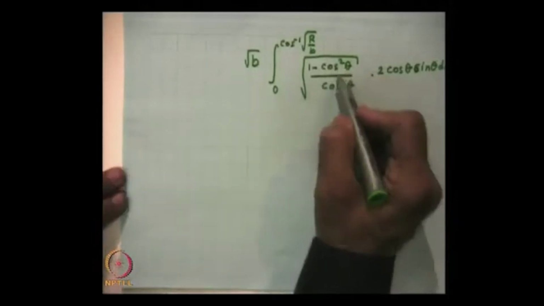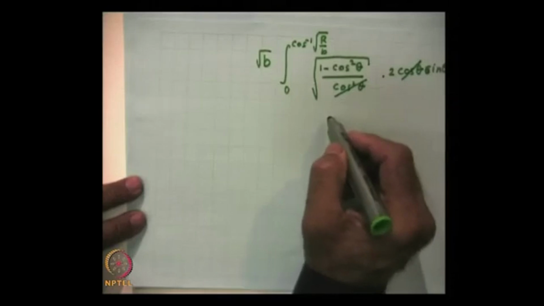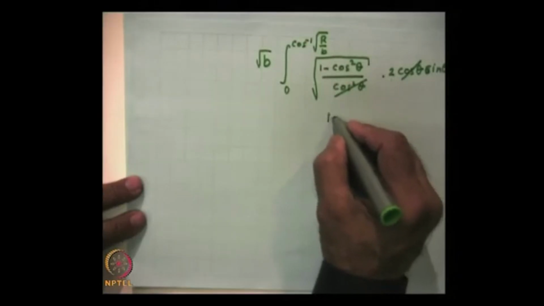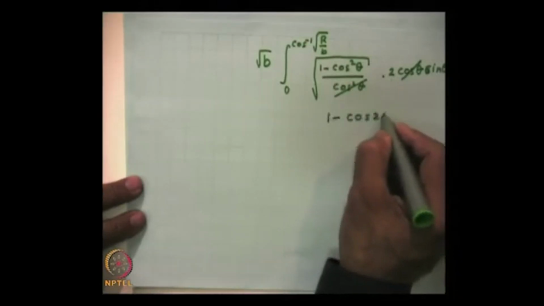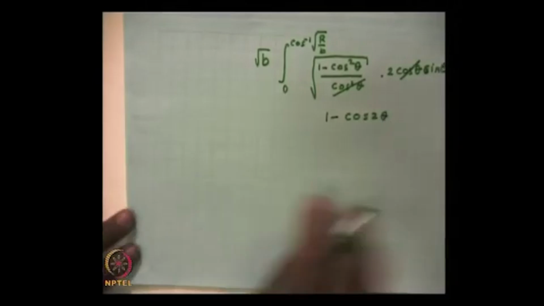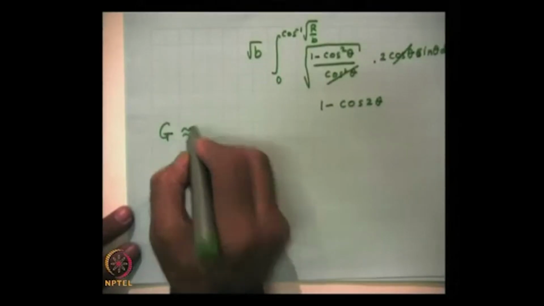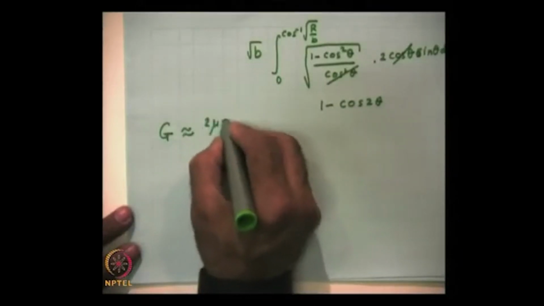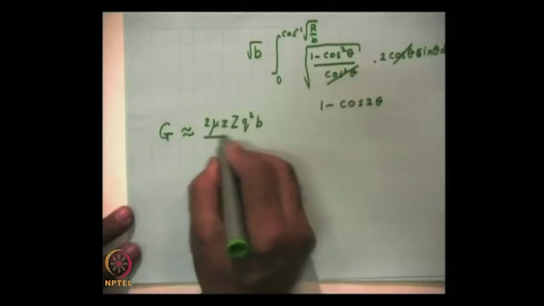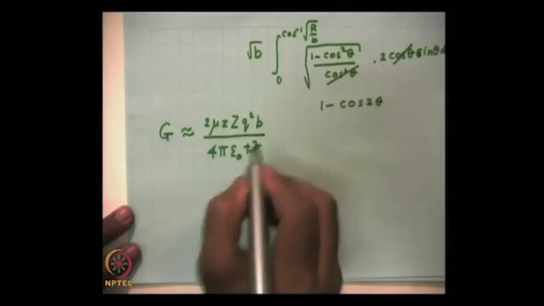So, this is sin theta and this is cos theta. So, this cos theta, this cos theta cancels out. So, this becomes 2 sin square theta. 2 sin square theta is 1 minus cos 2 theta. So, now the integration is very simple and the final result becomes g equal to under the root of 2 mu z Z q square, and b comes inside because of this factor, divided by 4 pi epsilon h cross square.